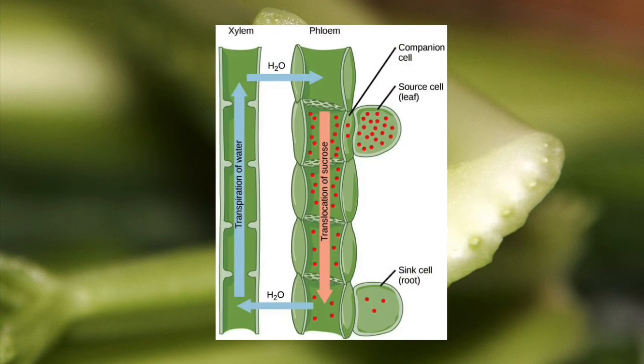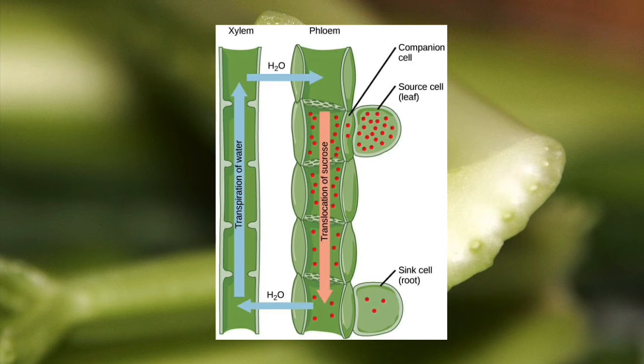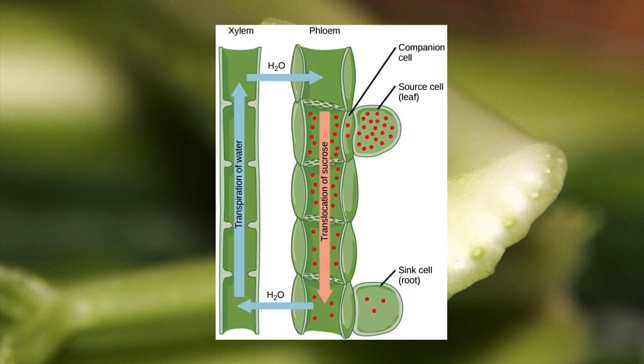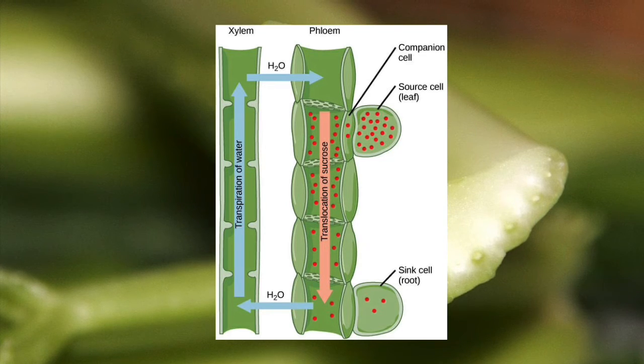The vascular tissue has different names depending on which direction stuff is going. So when you're talking about water and nutrients flowing up from the roots of a plant up into its leaves, that is called xylem. It's spelled X-Y-L-E-M, xylem. And so the xylem is always the ones that flow upwards.